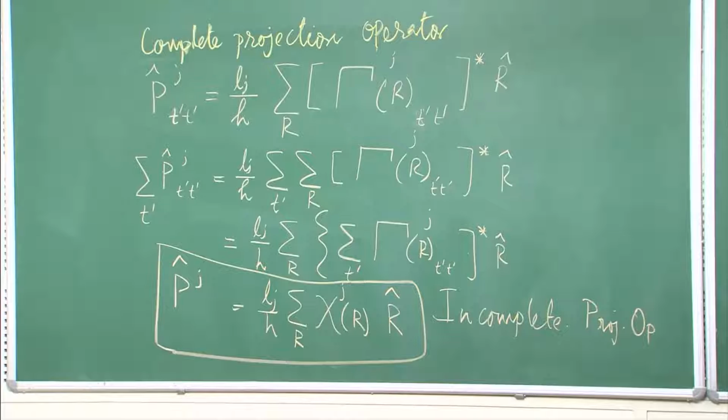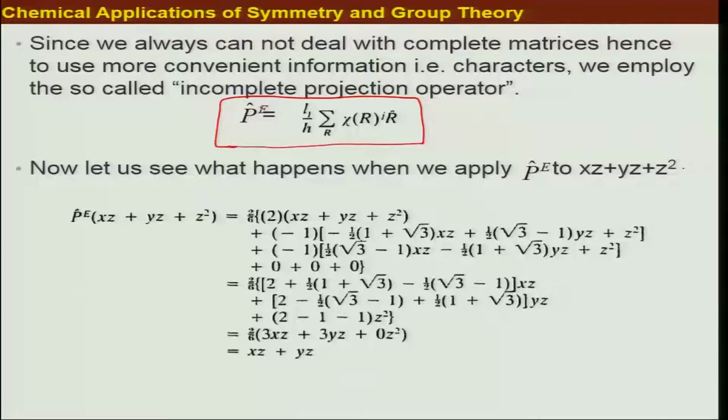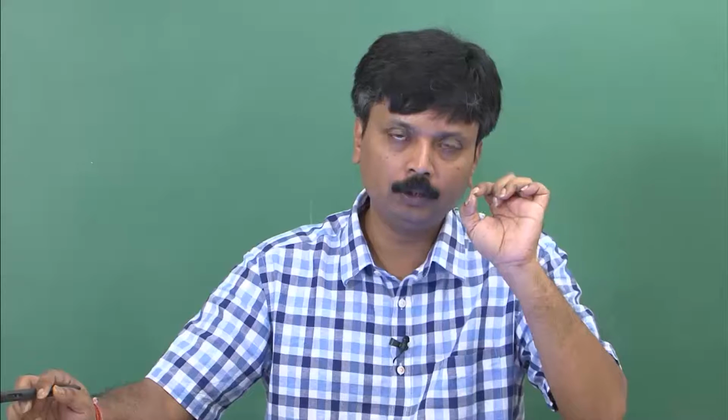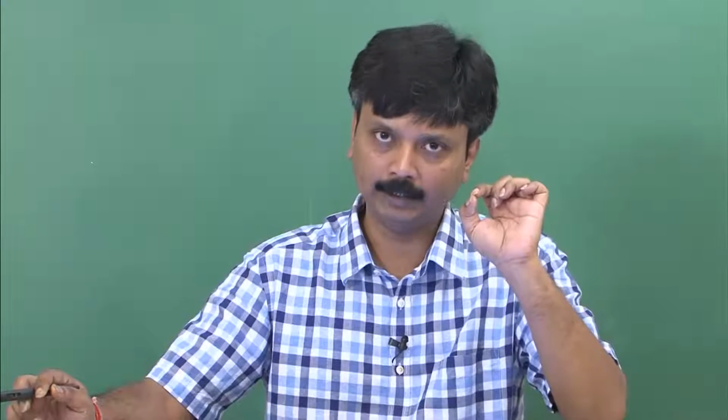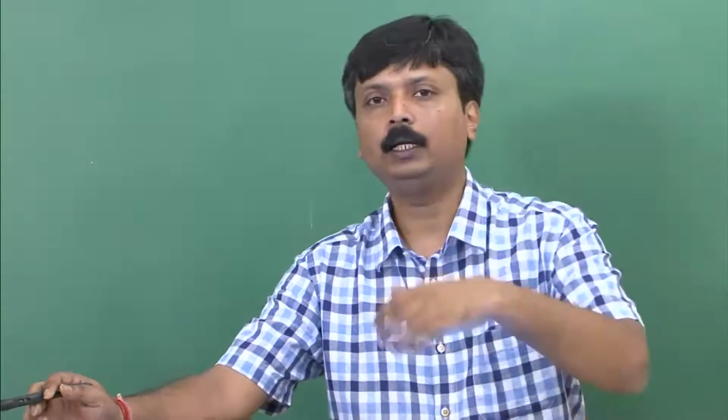So that is what we wrote down here. On your screen the j is assumed to be E, because in the last class we already discussed the projection operator for irreducible representation E for the C3v point group. So it can be anything.